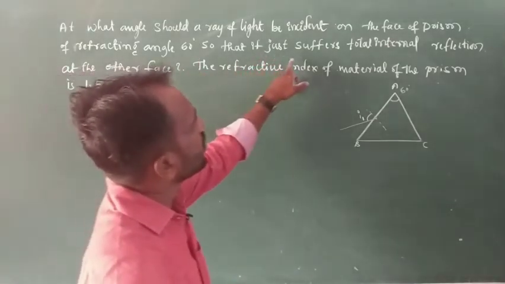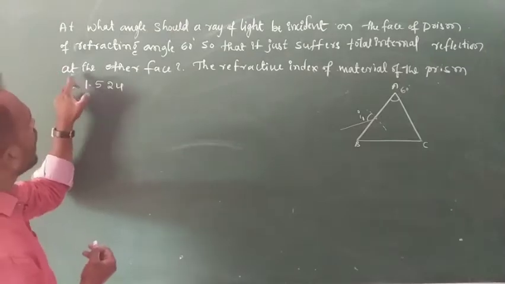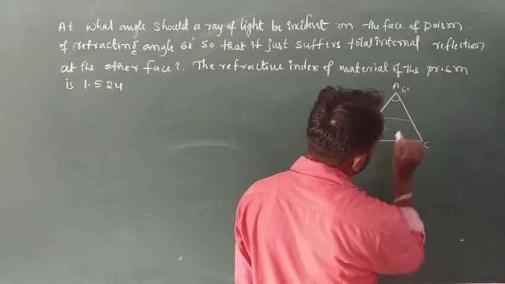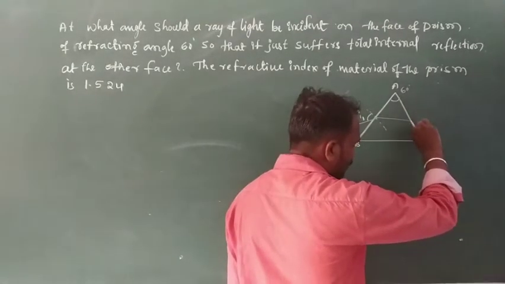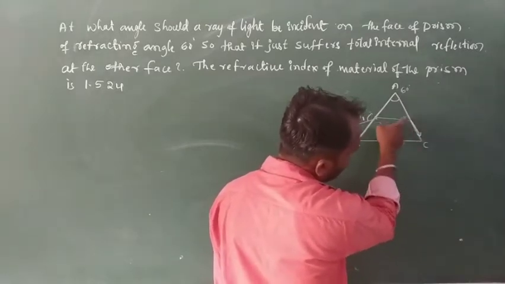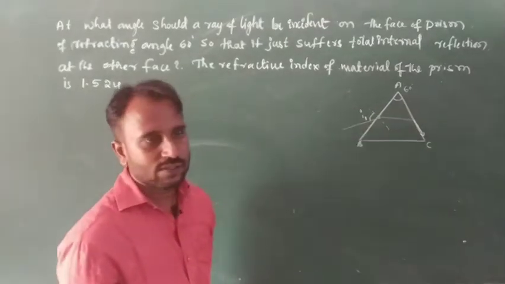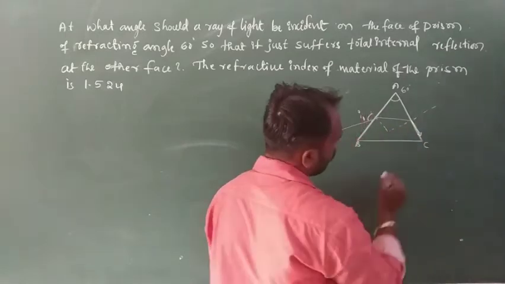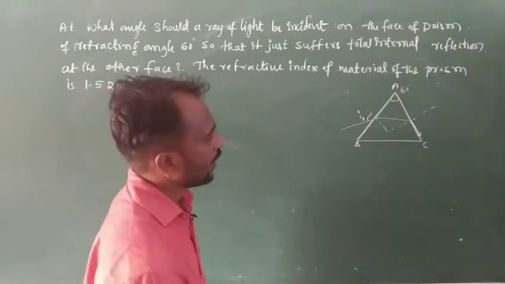Next, so that it just suffers total internal reflection at the other surface. It means this light ray is refracted and the emergent ray is present along the refracting surface. So we consider this is the normal, and the angle in between is 90 degree.